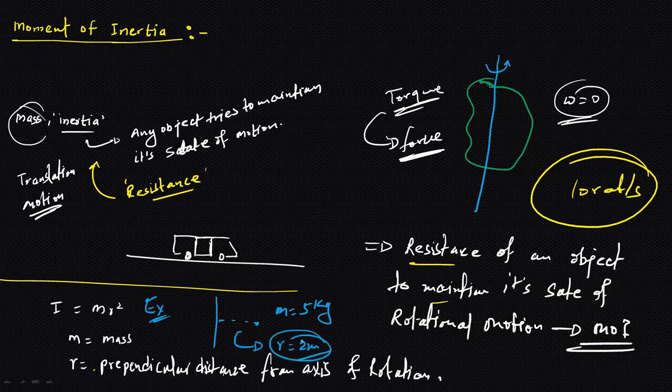So what is the moment of inertia for this object? That will be m r square. I will be 5 into 4. That will be 20 kilogram meter square. Okay, so it is defined like this for the point mass.